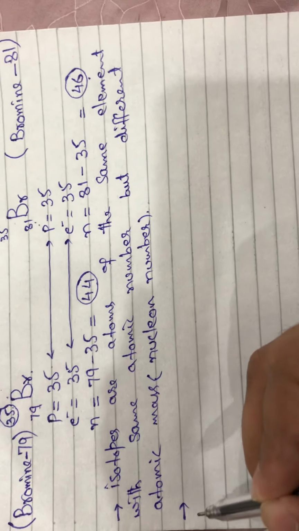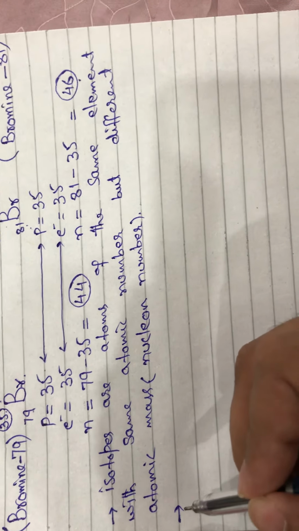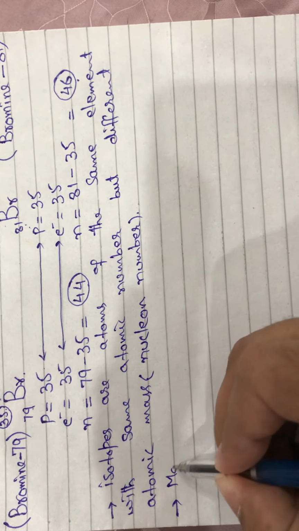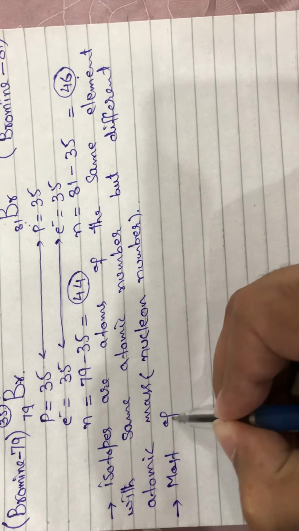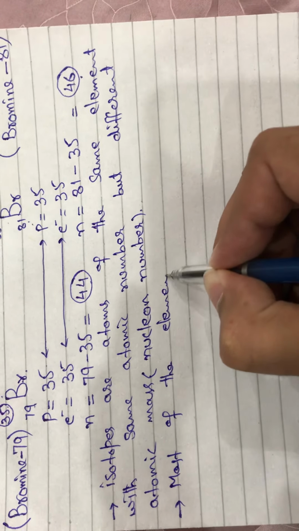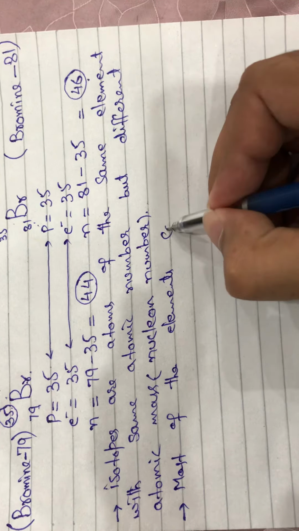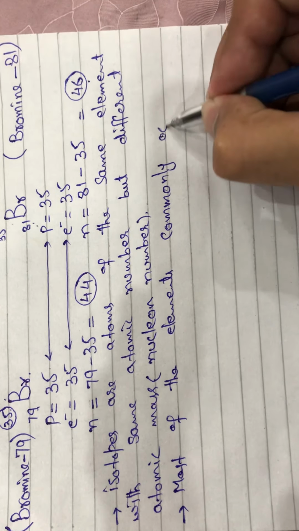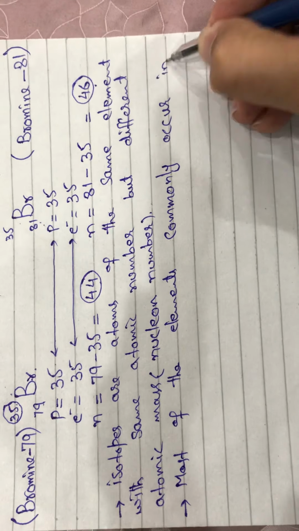Most of the elements commonly occur in isotopes.